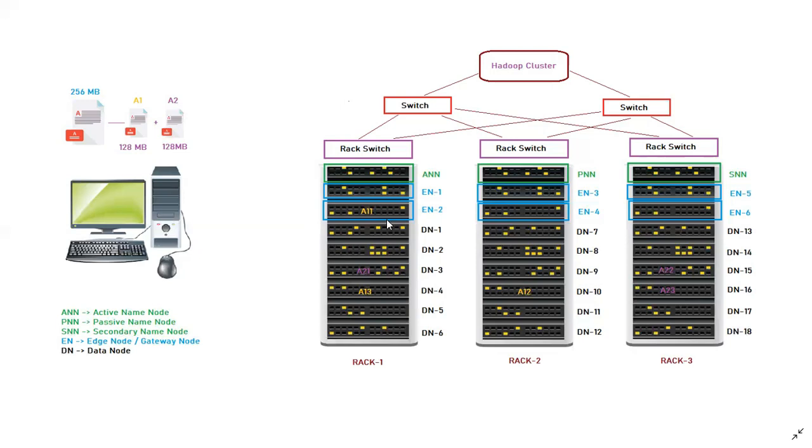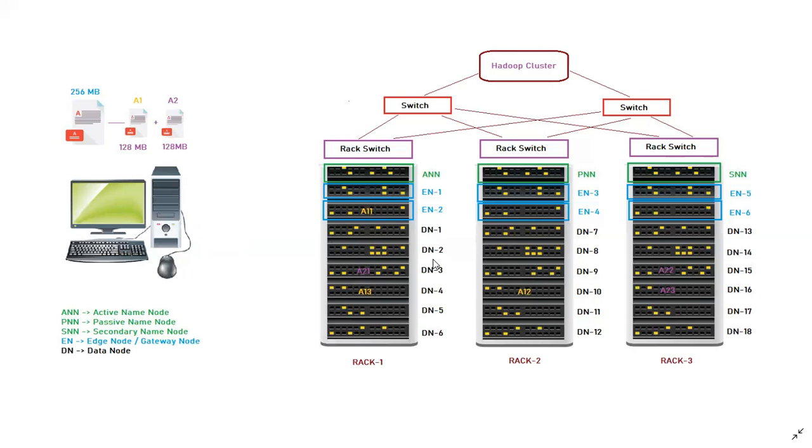Let us say A11 is the nearest block to this location. From A1 it will pick only A11, and from A2 it will pick 2 1. So these two blocks are only utilized for execution. The remaining blocks won't be considered because they are a little far away from this track.